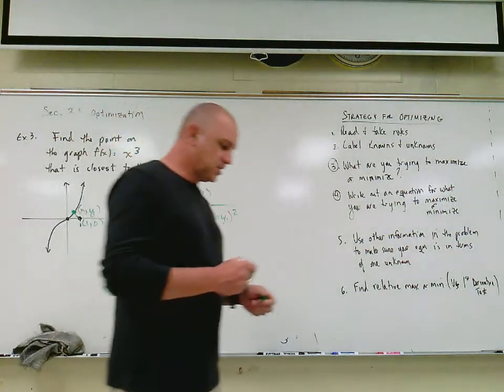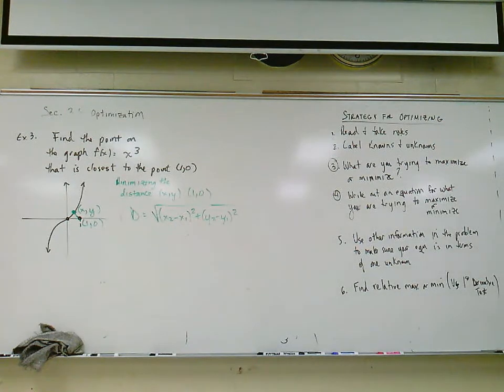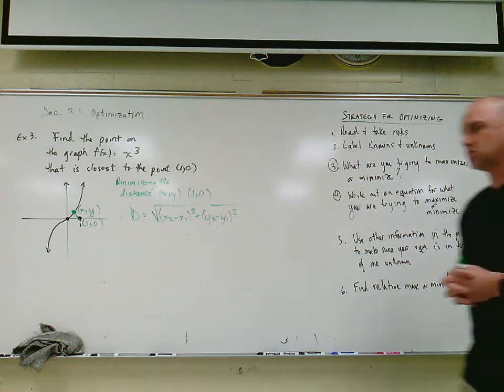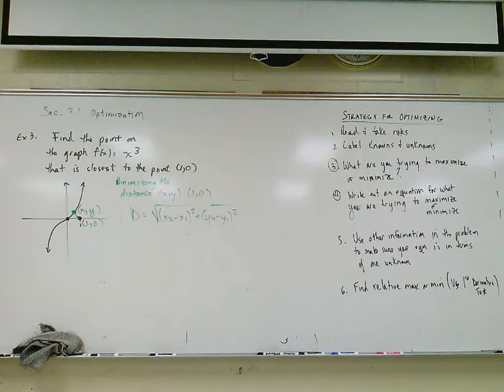This is where it becomes tricky, because you have to be a little crafty in understanding that I have to read the problem and see that this is a minimum distance problem. A lot of times it'll tell you at the start, minimize distance, like it'll title the problem finding a minimum distance. But I don't want you to rely on that.